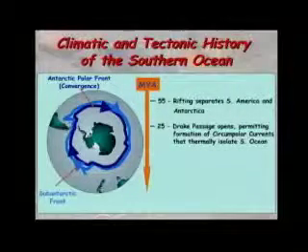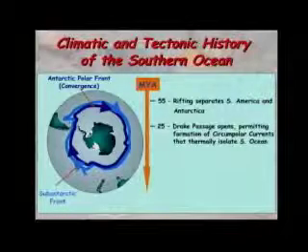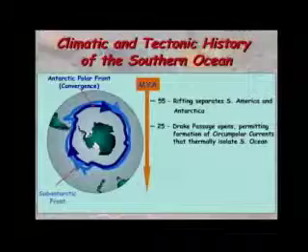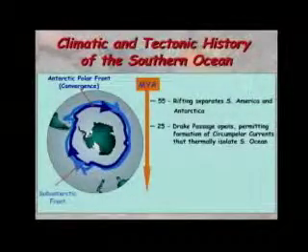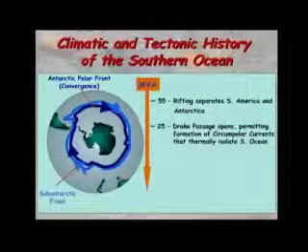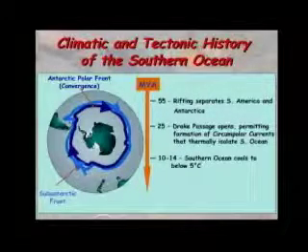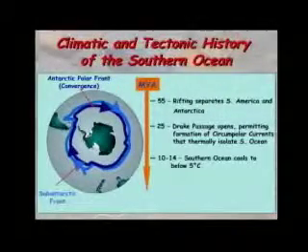And by 25 million years ago, the Drake Passage had opened, and this permitted the formation of a circumpolar current around the Antarctic that led to thermal isolation of the Southern Ocean. And the Southern Ocean then began to cool fairly dramatically, so that by 10 to 14 million years ago, it was below about 5 degrees centigrade.